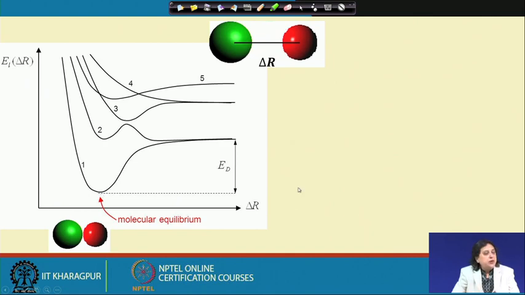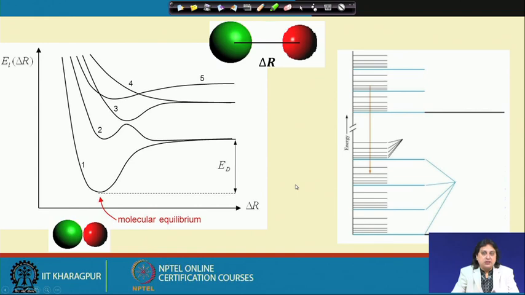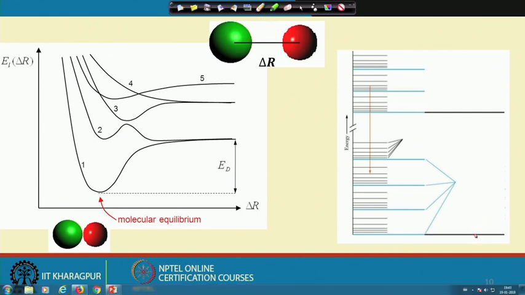Now, if I look back at the very complicated energy level diagram that I had, this is my ground electronic energy state, and this corresponds to this point here, corresponding to the formation of the stable chemical bond between this atom and this atom. So, this distance is the bond distance.